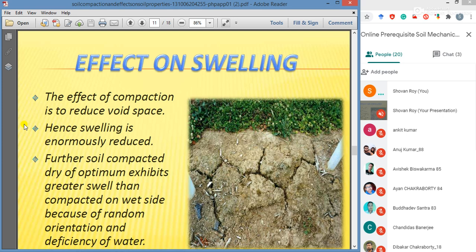In the normal process, this water is occupied in the very narrow pores of the soil particles, and with the presence of this water, soil can behave differently than when water is not present.